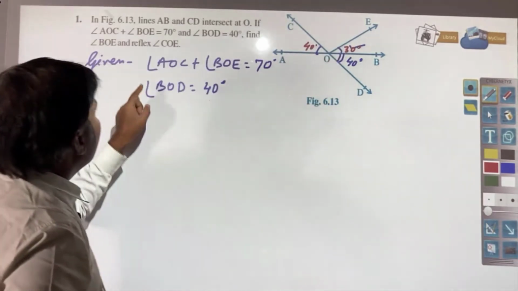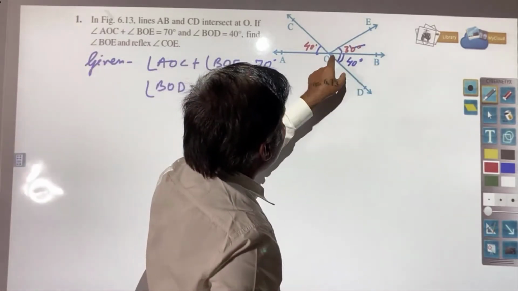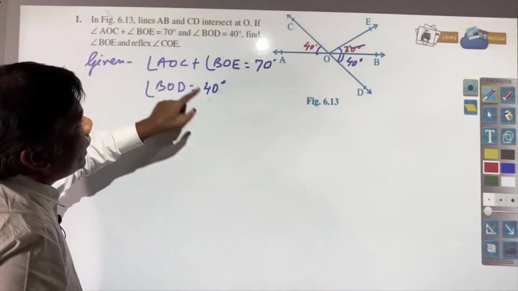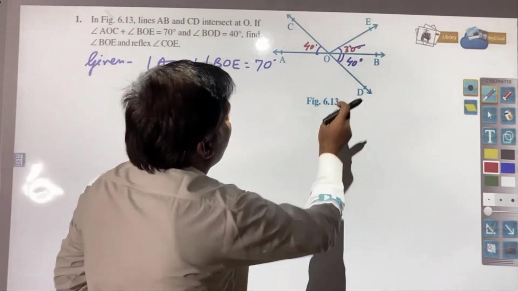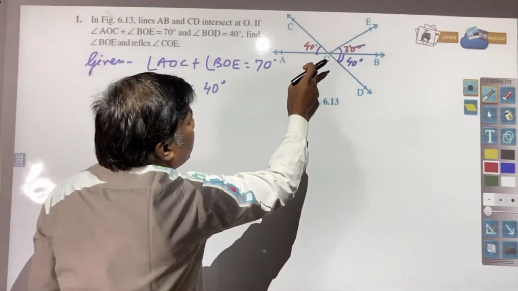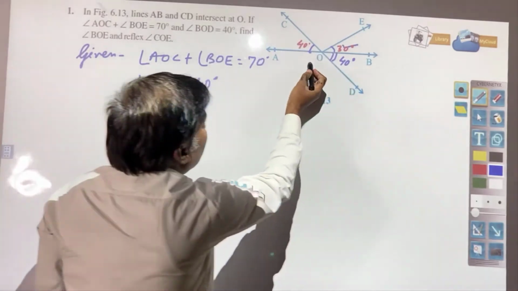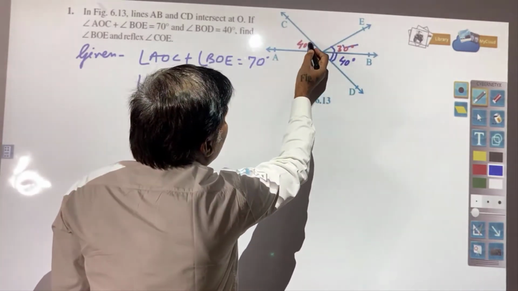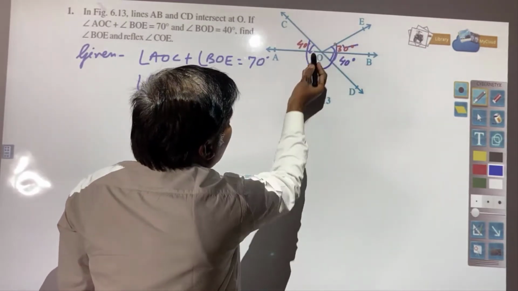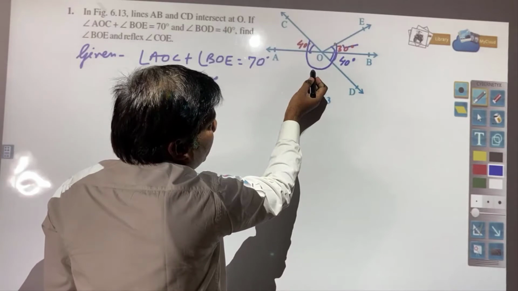Now you have to find out angle BOE. This BOE you have got 30 degree. Then you need to find out angle COE. Here you see, COE means this angle you need to find out. These angles we already know, so this angle is required to be found out.